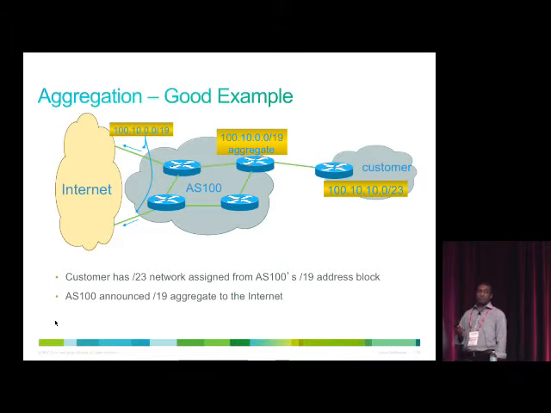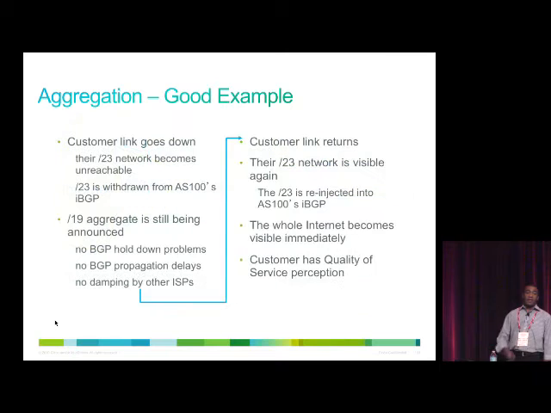Here's a good example. You allocate a /23 to your customer, but you are advertising only a /19 to the rest of the internet, which is a superset of that /23 and a number of other sub-prefixes. Now, when the interface goes down, it is withdrawn from iBGP, but nothing happens to the rest of the internet because it's not being advertised to the internet, so it will not be withdrawn.